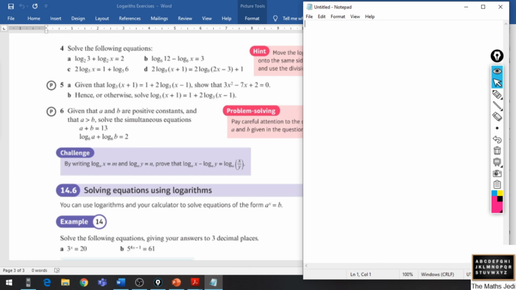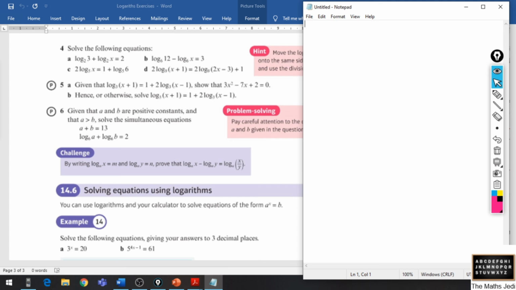This one has got base 2, so we're looking at a base 2 problem. On the left hand side we've got two logarithms being added, so we can use the law we had first of all. Again, you're adding the powers here, so you can multiply the outcomes, so 3x here.